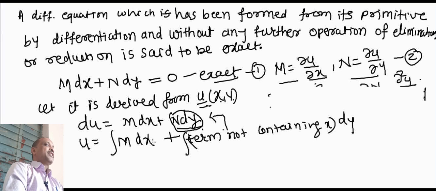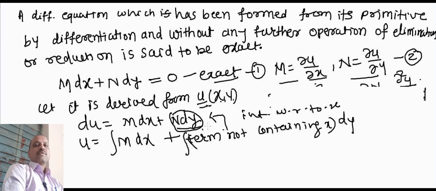Integration of M dx is with respect to x, but from the second term we are taking only those terms not containing x, and we integrate this with respect to y.